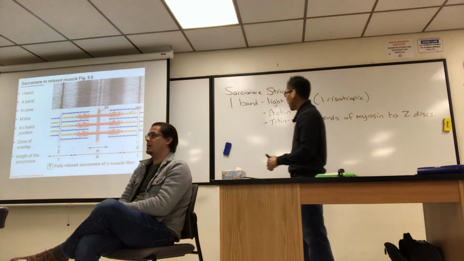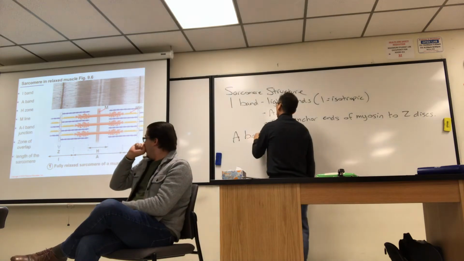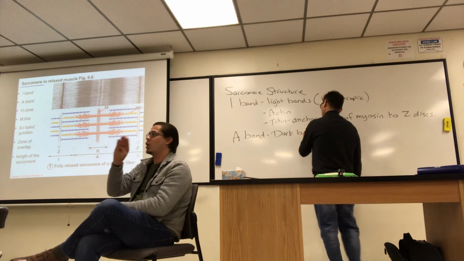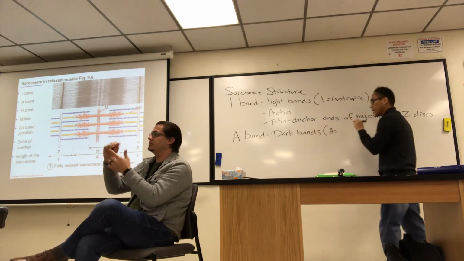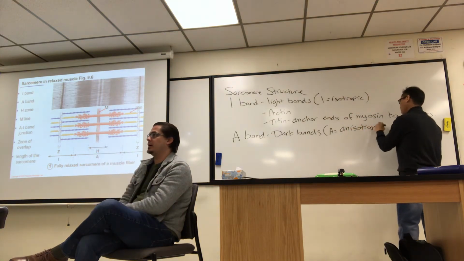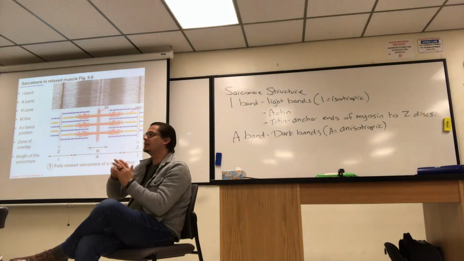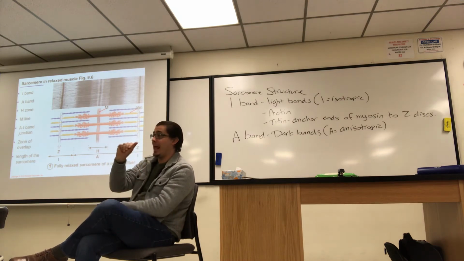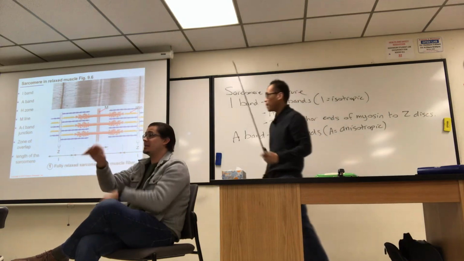Then there's the A band. These are the dark bands. The A stands for anisotropic. Just know that what that means is how it affects light: it makes it appear dark. The A bands are the dark bands. The definition of an A band is the length of the myosin.